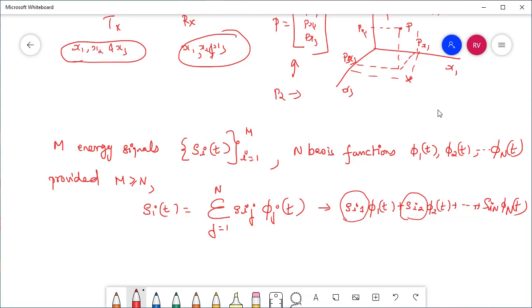That will give you the signal Si, as we have done previously.